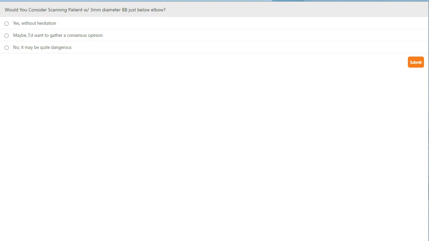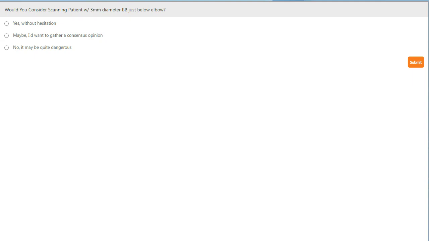Yes. No question, no problem. We will scan this patient, doesn't matter what. Maybe option two, I'd want to gather some consensus opinion. I'd want to talk it over with my colleagues, other technologists, other radiologists. I'm not saying no, I'm not saying yes.